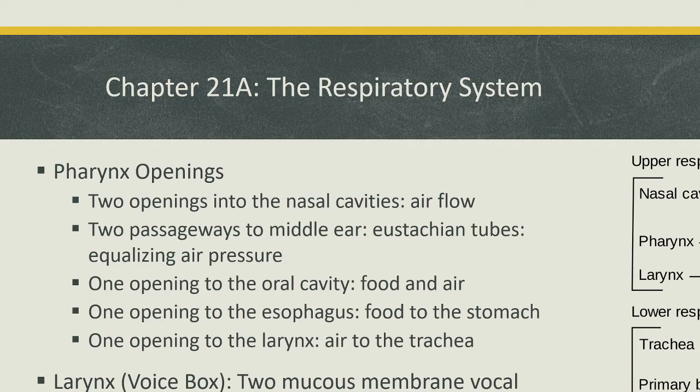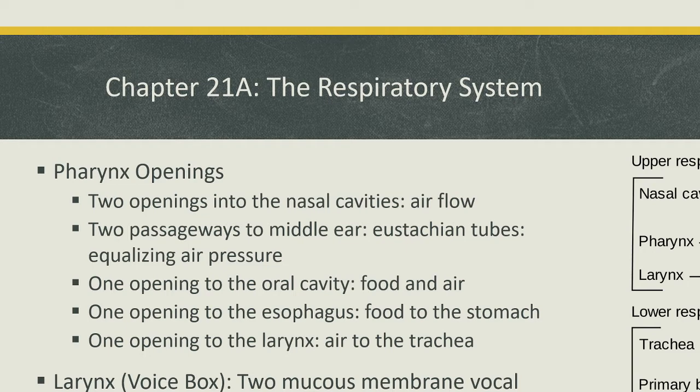If they vibrate quickly, you get a higher pitch. If they vibrate more slowly, you get a lower pitch. And most men's vocal cords are thicker and a little bit stronger, and it makes them vibrate more slowly, thus giving the deeper pitch that a guy has.